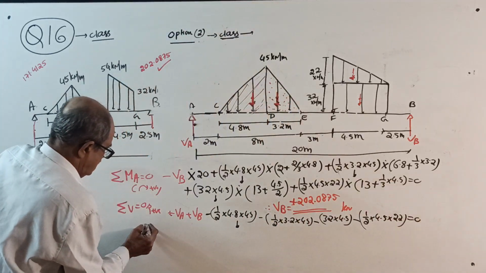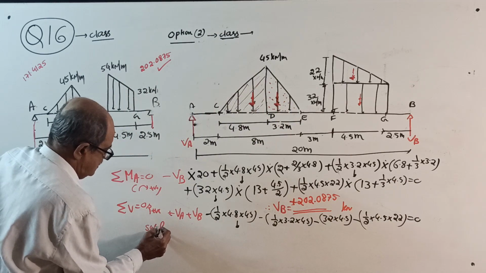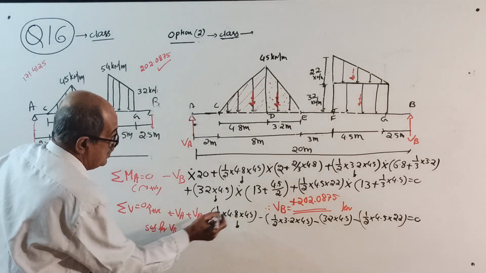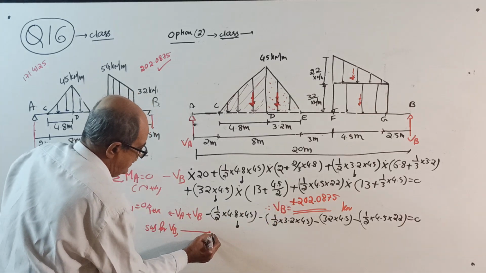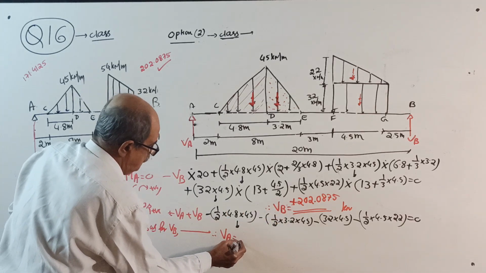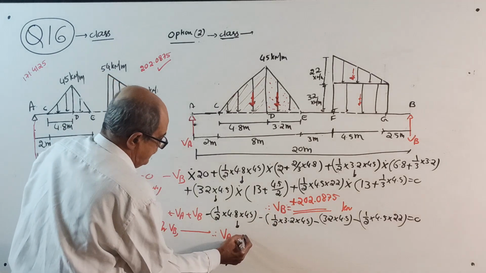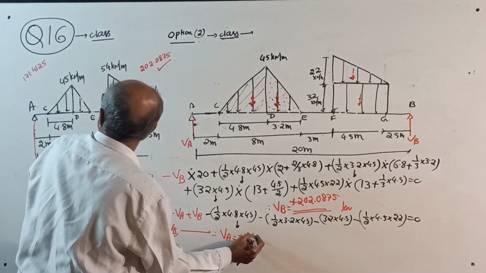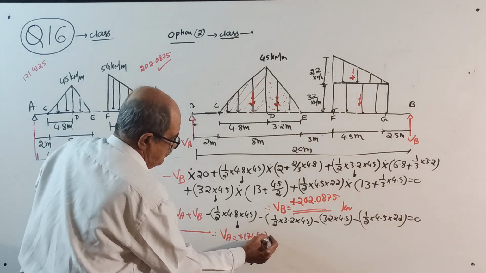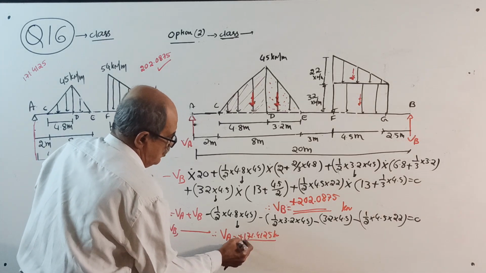Substitute for whatever VB you got just now. Therefore, you get the value of VA as 171.4125 kilonewton. Okay, this is over.